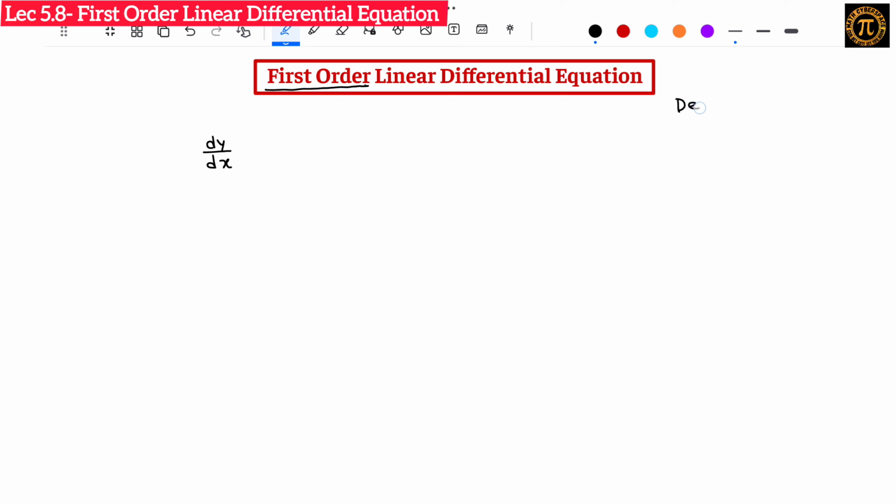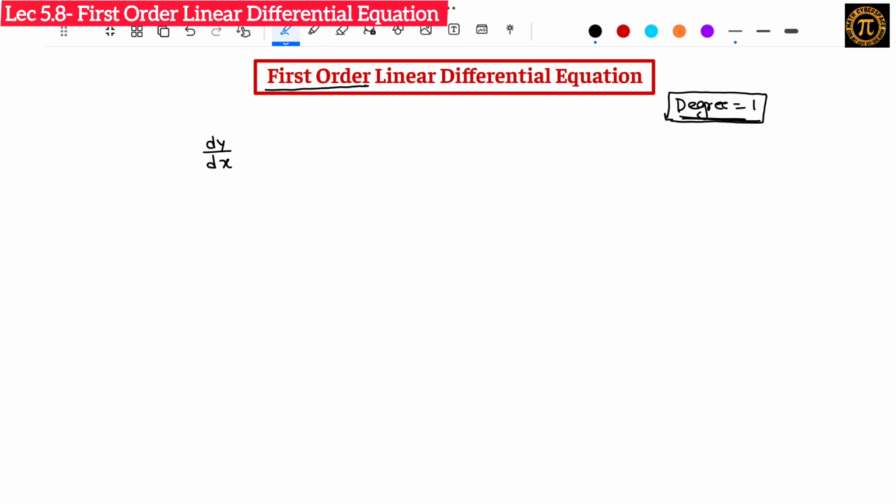So all first order equations with degree more than 1 will be nonlinear, and all equations with no degree will also be nonlinear. So linear means only degree 1.